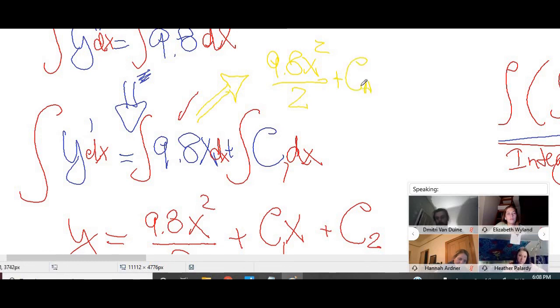I'll call it c sub a. Theoretically speaking, it's a random constant there. And then this wonderfulness will also have cx plus its own constant of integration. Am I making sense? Yeah.